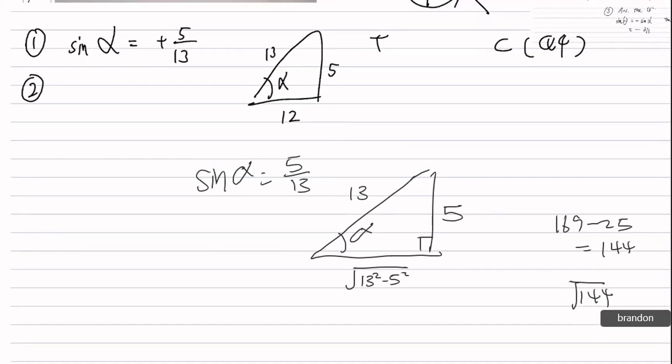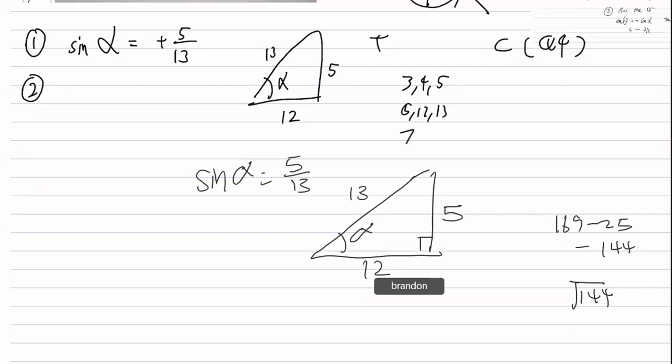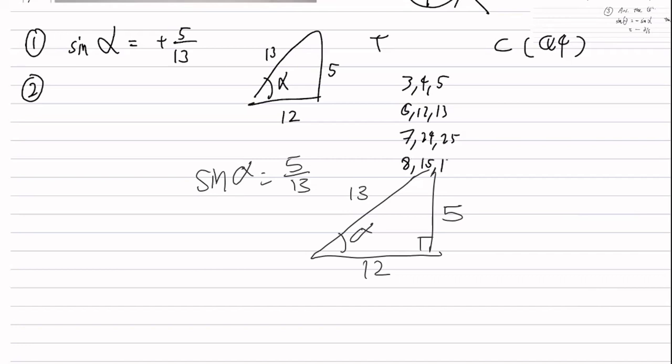What is the square root of 144? 12. Yes, 5, 12, 13. If you want, you can memorize these triangles: 3, 4, 5; 5, 12, 13; 7, 24, 25; 8, 15, 17. And there's a bunch more. They are called primitive Pythagorean triples. You can go and Google this.